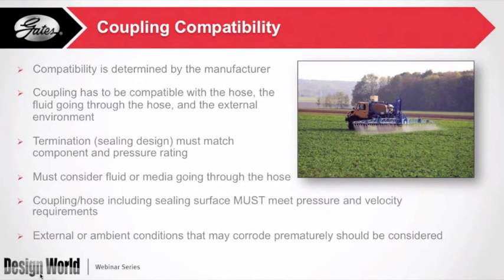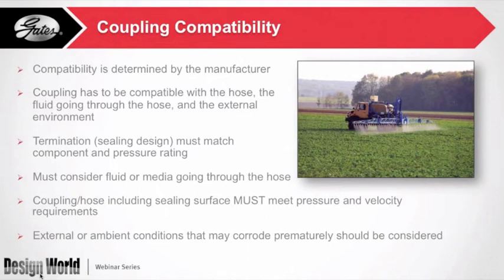The male pipe thread and the API thread are going to be similar enough that you can screw the two together, but when you use it on a hammer union application for the oil field specifically, it'll fracture the male pipe and you'll have a coupling that will fracture and blow off, and people have been killed. So you always want to make sure that the termination matches as well as the pressure that you're going to be putting through that termination, to make sure that it's a safe connection and it's going to work properly.